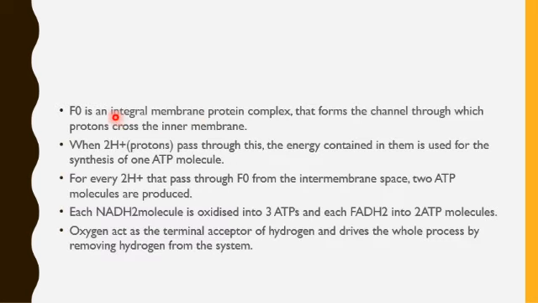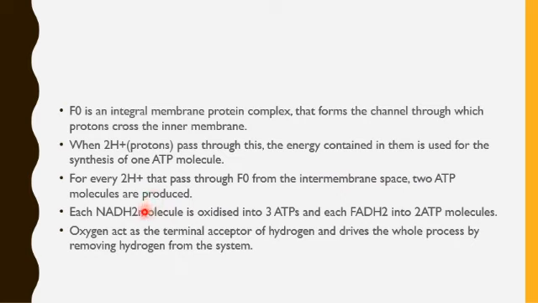F0 is an integral membrane protein complex that forms the channel through which the protons cross the inner membrane. When two hydrogen ions, meaning protons, pass through this, the energy contained in them is used for the synthesis of ATP. For every two hydrogen ions that pass through F0 from the intermembrane space, ATP molecules are produced.